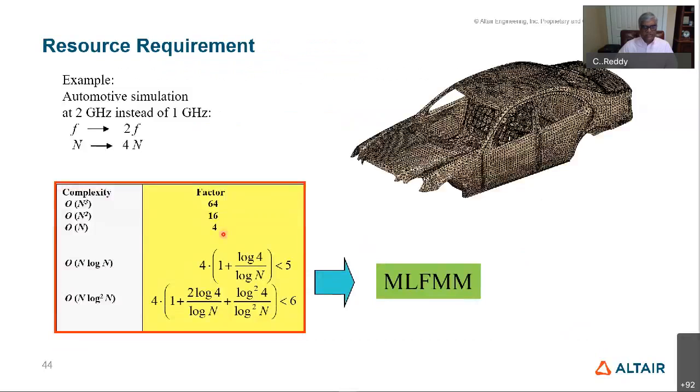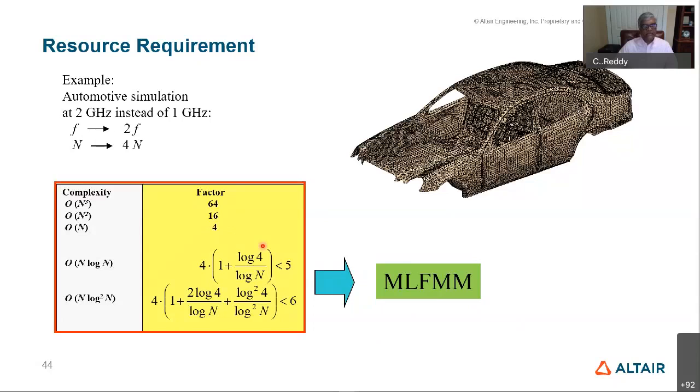In real terms, if you have a frequency at, say, 1 gigahertz, and you are able to solve it, and you want to double the frequency, you reduce the mesh size, so your number of unknowns becomes 4 times because of the surface. Order of N cubed means you increase the runtime by 64 times. Instead of 1 hour, now you're running 64 hours. Instead of 1 gigabyte of memory, now we have 16 times the memory, 16 gigabytes.